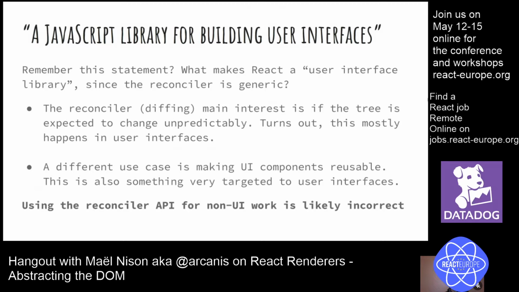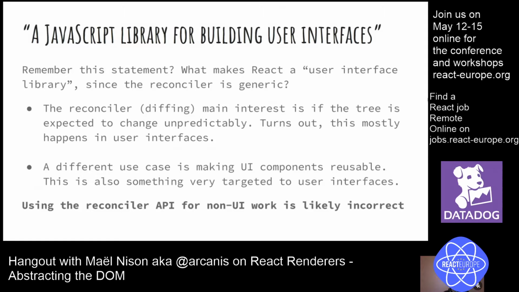But when you create another type of tool, for example a CLI tool without a user interface, all the data are known beforehand. In these circumstances, diffing a tree is not super useful. That being said, it can still be interesting if you want to make UI components reusable.